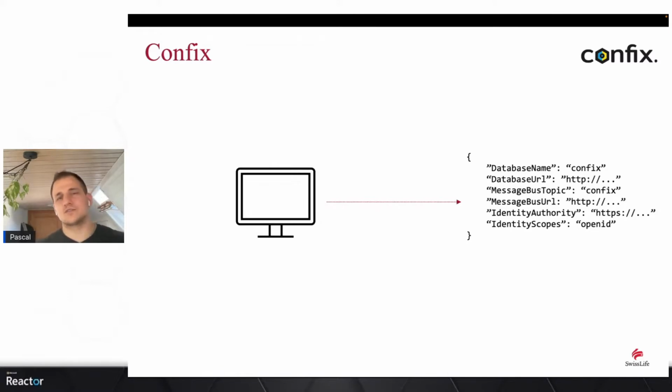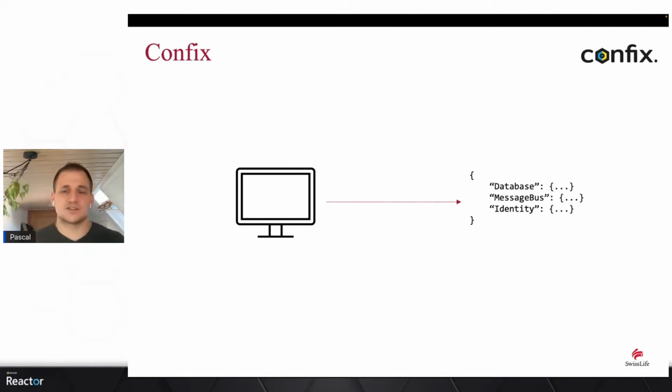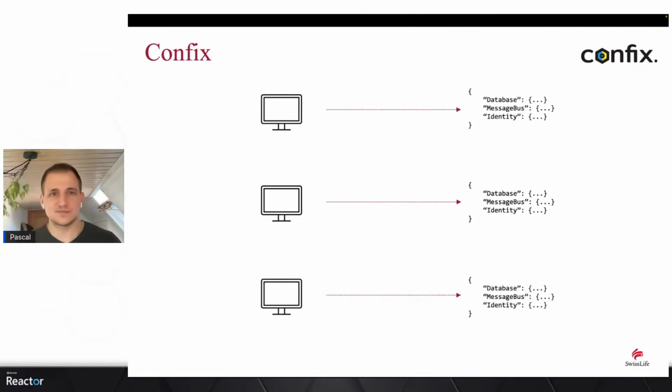Once your configuration starts to grow, you want to organize your configuration file in a more reasonable structure. And as it is just JSON, you can make a JSON object per node, and it's all nice and organized. The problem is, in a modern world, you probably have more than one application.